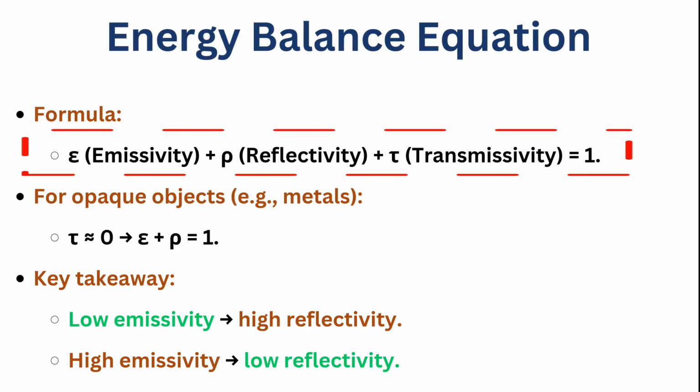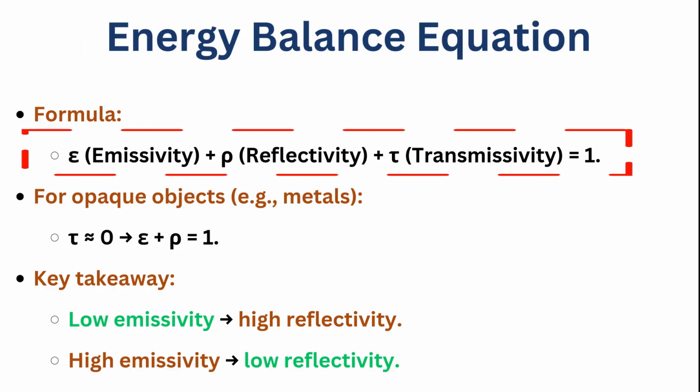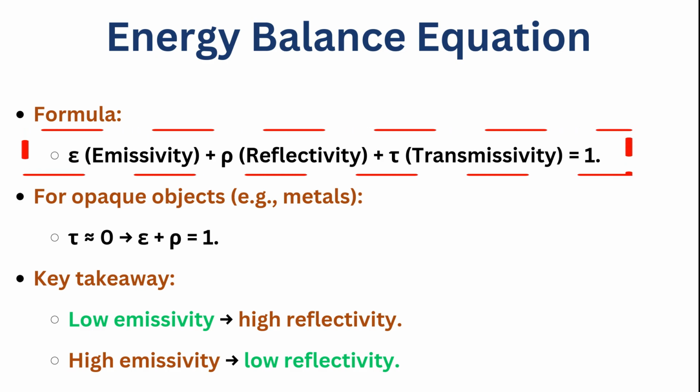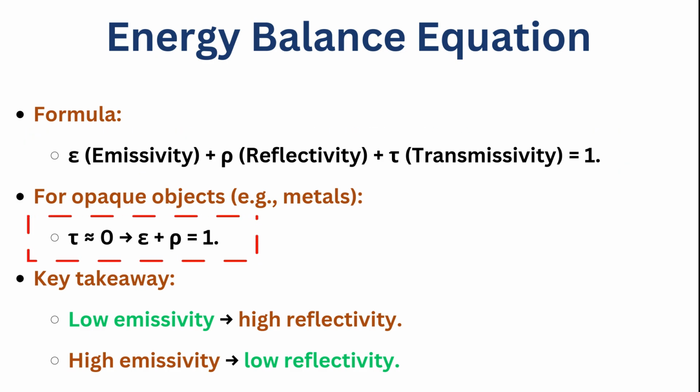Now let's discuss the energy balance equation based on these three factors. We know that emissivity plus reflectivity plus transmittivity equals 1. If the object is opaque, the transmittivity factor is almost 0, or you can say 0, right? So in that case the equation changes: with transmittivity at 0, emissivity plus reflectivity equals 1.